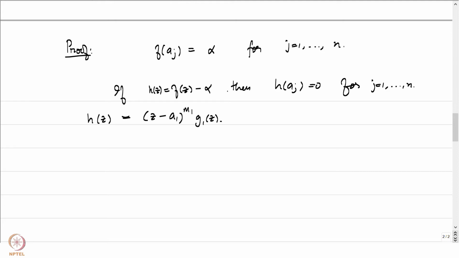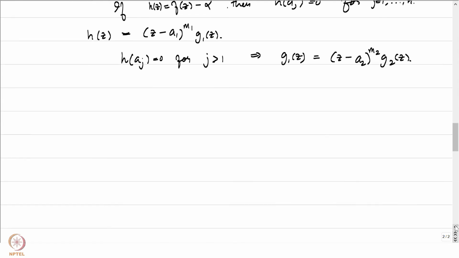Now the fact that h of aj is equal to 0 for j greater than 1 tells us that g1 of aj is also equal to 0, and therefore we can write g1 of z to be equal to z minus a2 to the power m2 times g2 of z.